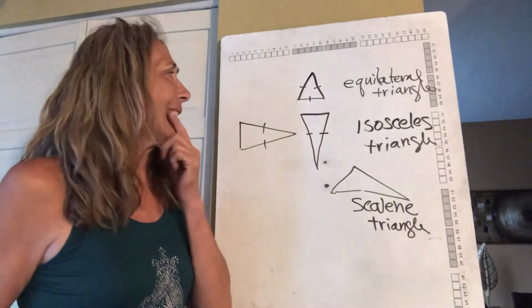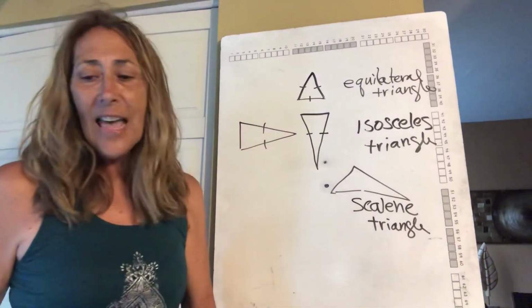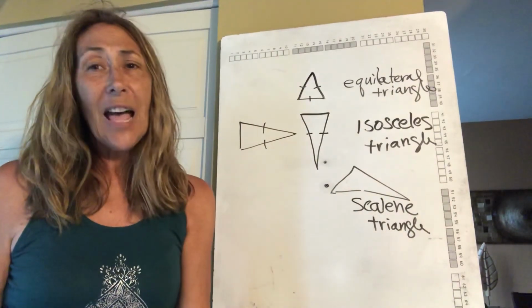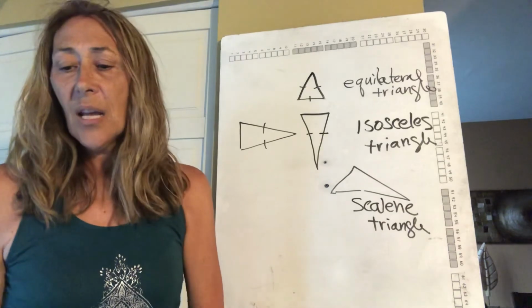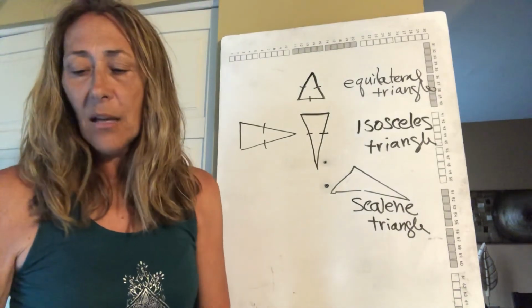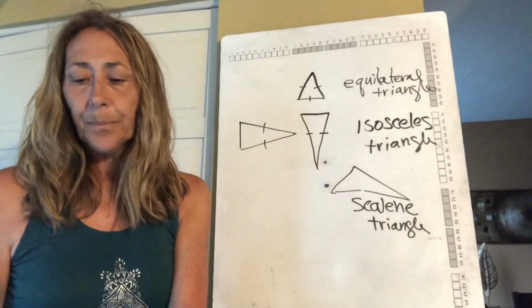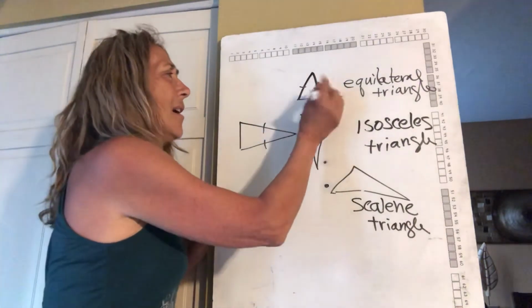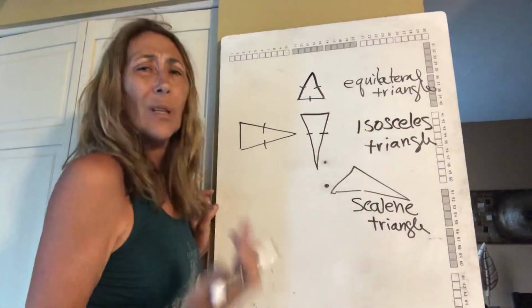So I could look at these and I can label them by their sides, or I could label them by their angle. I'm going to look at this one, and by my sides, it's an equilateral.